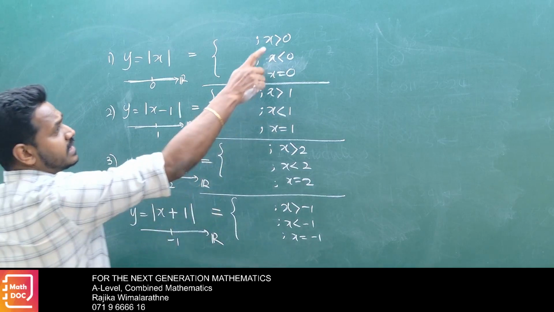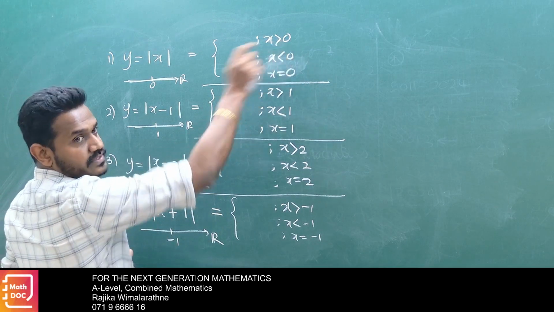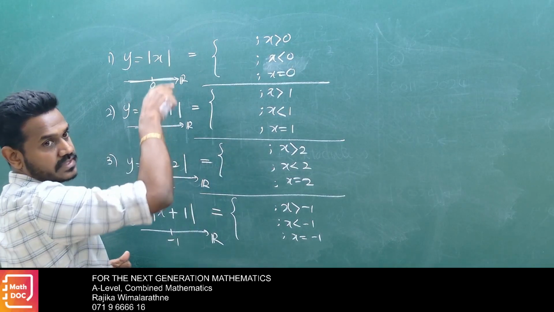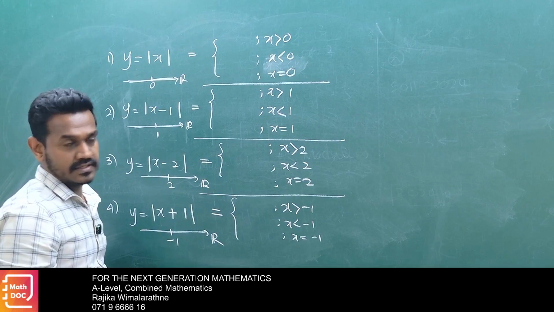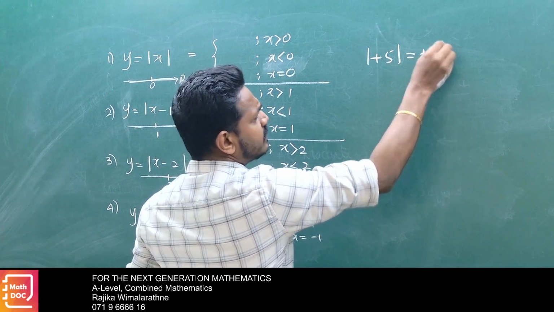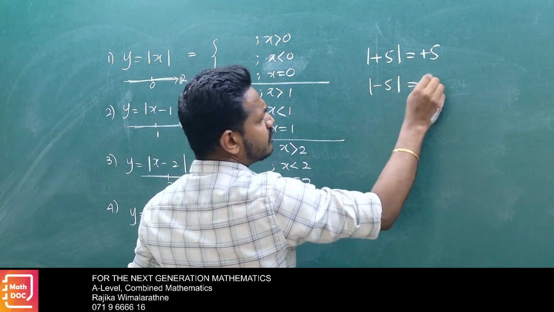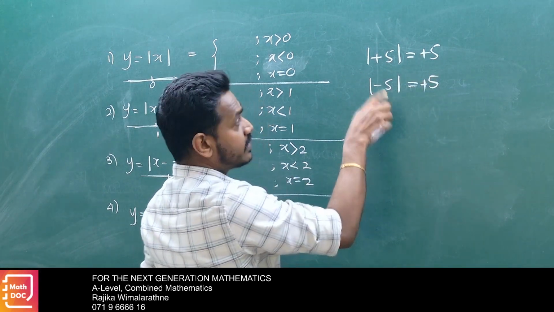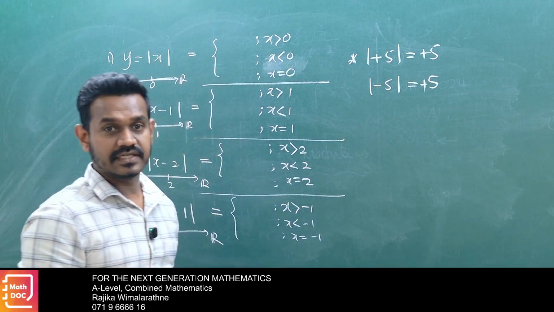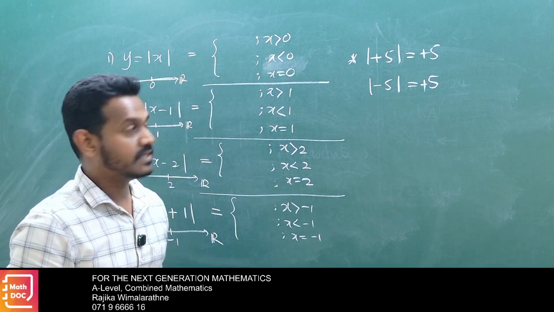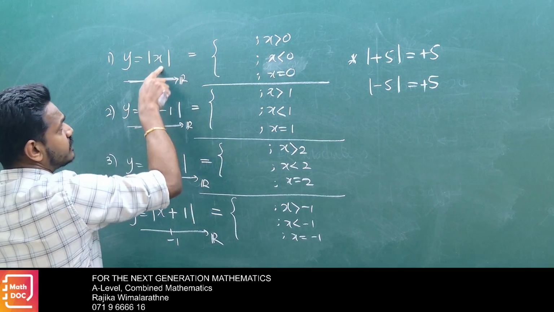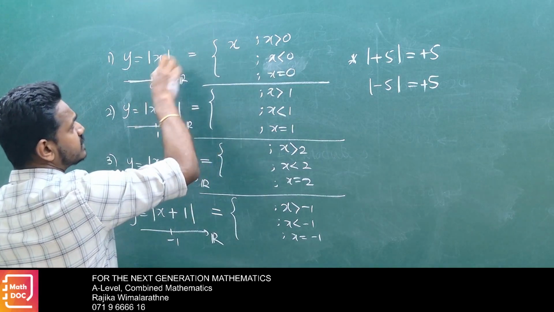Therefore, when x is greater than 0, we know the values are positive, so within the modulus we get positive values and there is no need to put the modulus sign. You just write x only.